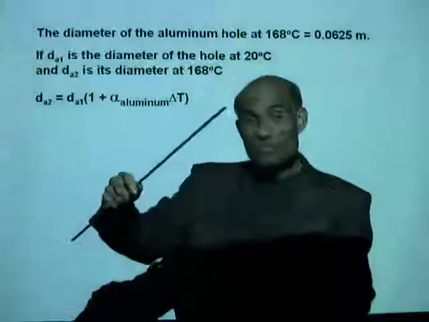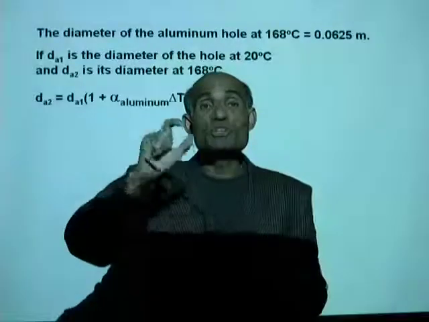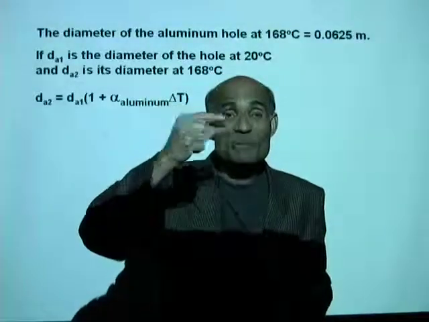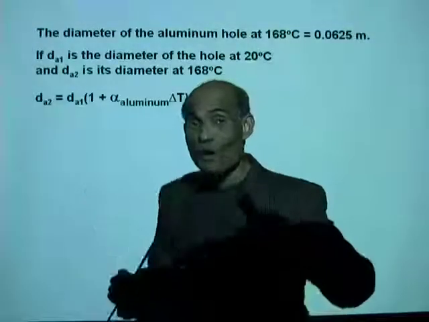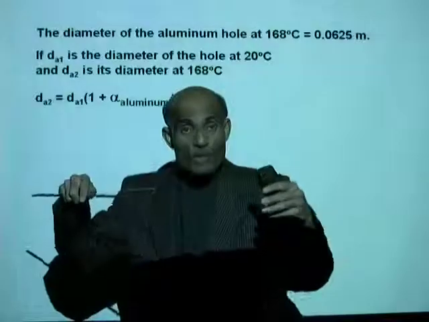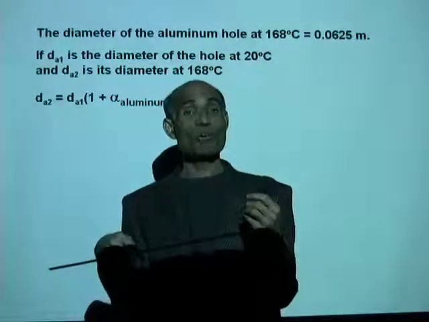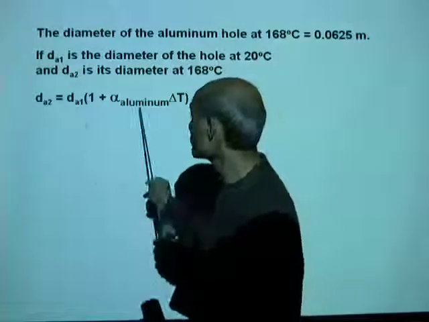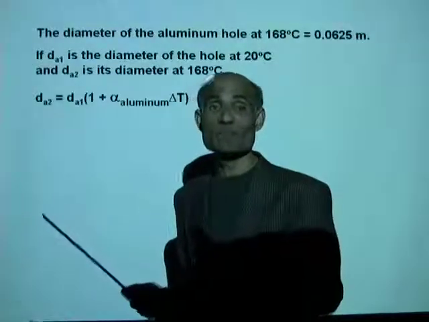Remember, in the previous equation, we were using steel because we were finding the diameter of the steel bit. So alpha value was for steel. This time, it is the hole in the aluminum, and therefore it is the expansion of the aluminum that we got to use, alpha for aluminum.